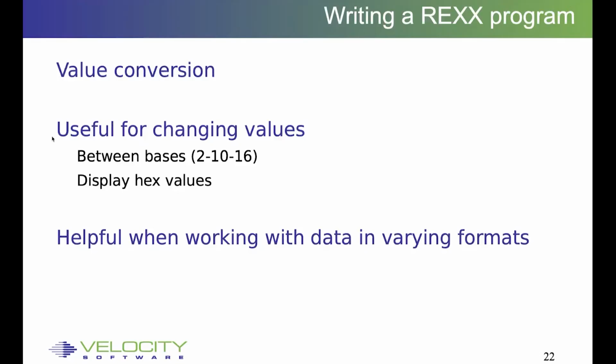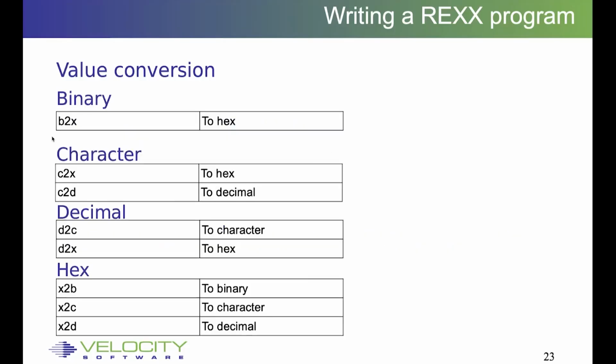It's very helpful when working with data in varying formats, things like SMF records or monitor data, things of that nature. So here are the functions broken out by base, typically. There's a binary, character, decimal, and hex functions to convert to different bases.